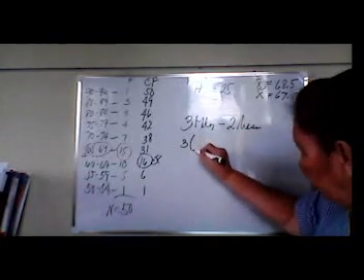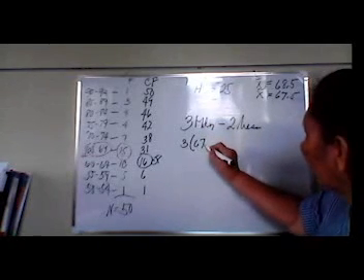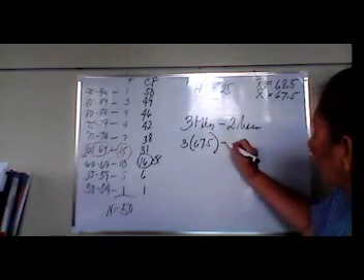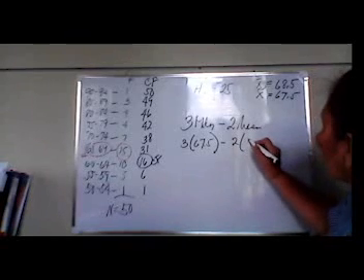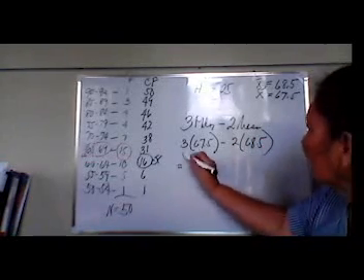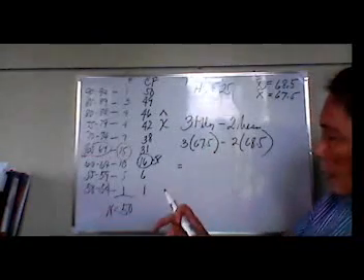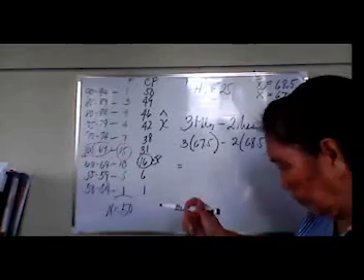So 3, which is a constant, times 67.5 minus 2 times 68.5 equals. Mode, by the way, is symbolized by that.